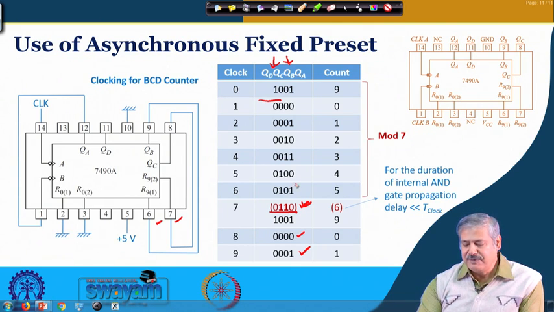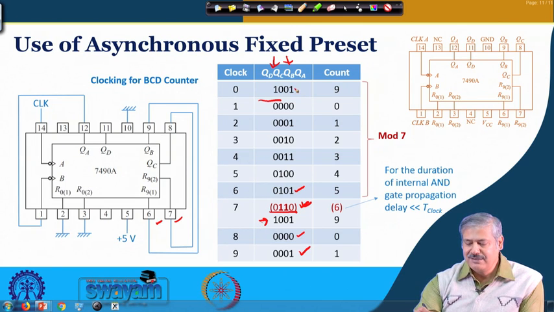When it again comes to 0 1 1 0, it will get reset, and again it will get preset; that fixed preset will occur. So the counting states, the unique states, are 1 0 0 1, 0 0 0 0 and then it goes on up to 0 1 0 1 and then again goes back to 1 0 0 1.